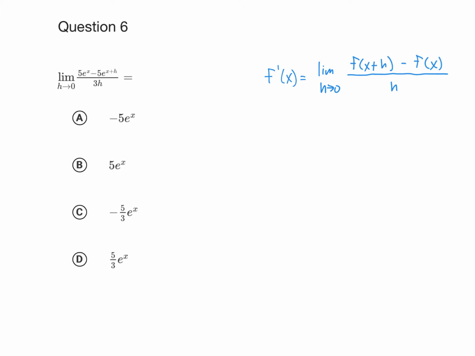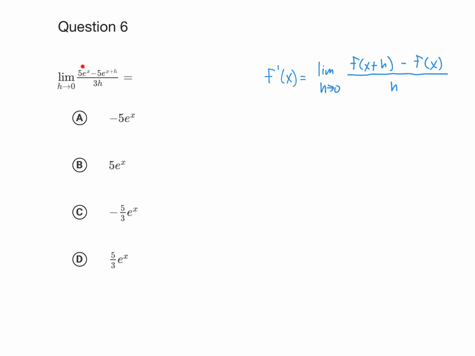Okay, now two things. Here the f of x plus h comes first, and then the regular function comes second. Notice they're switched here. So if you're given this, we want to rewrite it to make it look like the definition, so that once it looks like the definition, we can rewrite it as just the derivative.